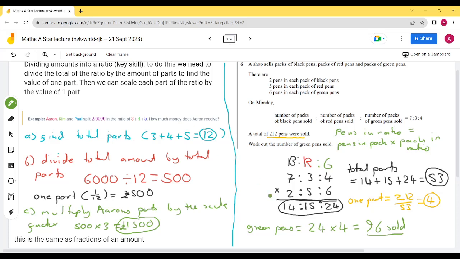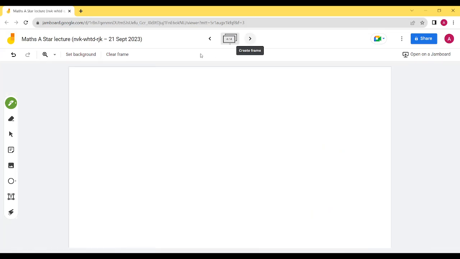Okay, we're going to move on from that for now, and we are going to move on to our next skill here. And this is differences between parts of a ratio.